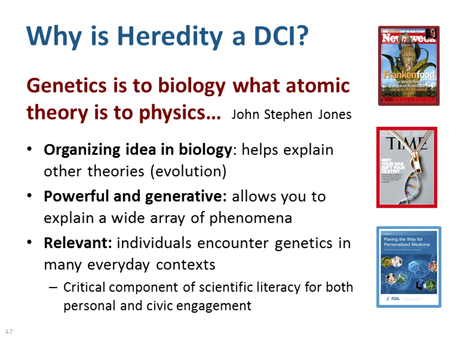It allows you to explain a variety of phenomena that may, on their surface, not look similar. And as I said before, it is relevant to everyday context. You really need to have an understanding of genetics, I think, to participate civically and as an individual dealing with information about medicine, genetic screening, and so on and so forth.